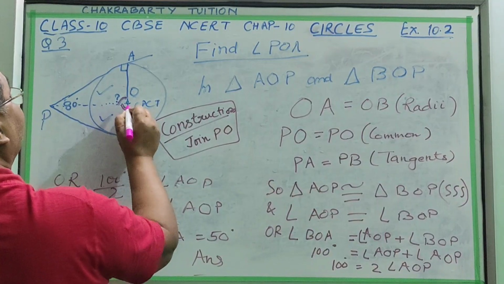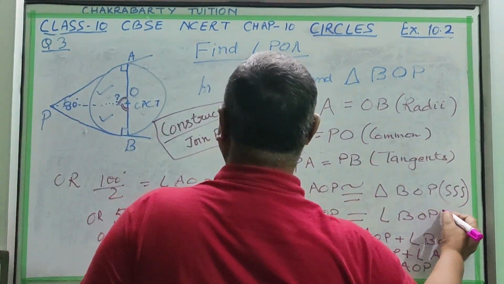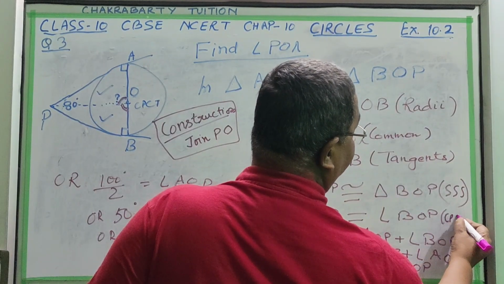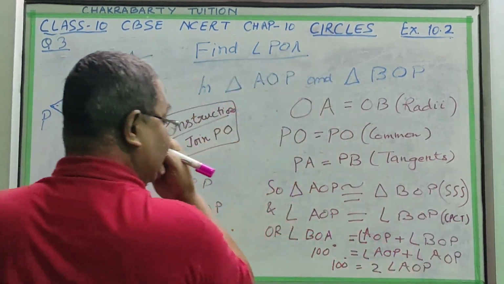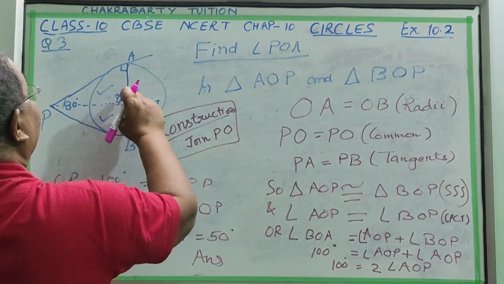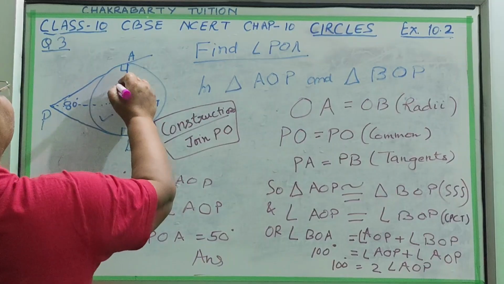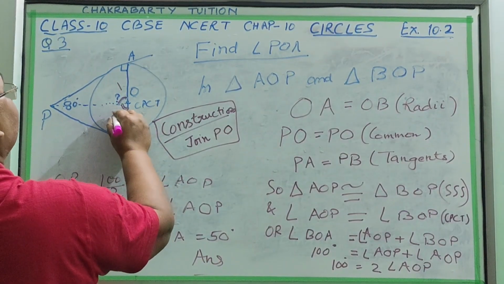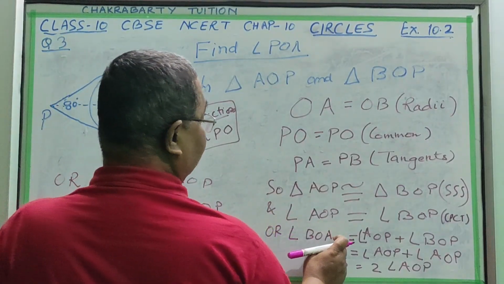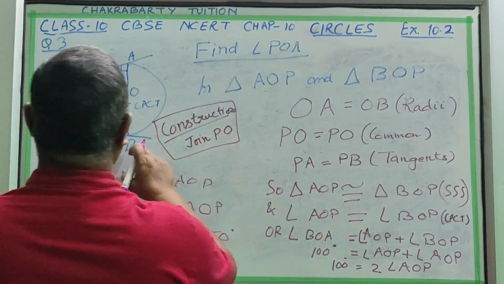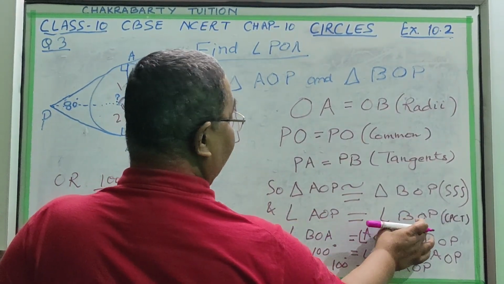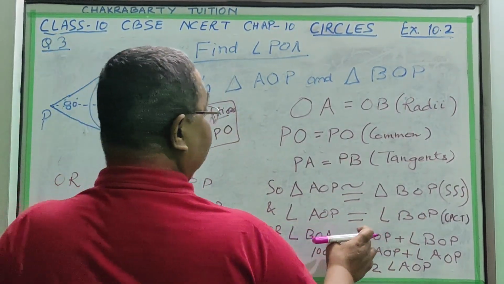Now the total angle, one is this angle and one is this angle, these two angles together make angle BOA.